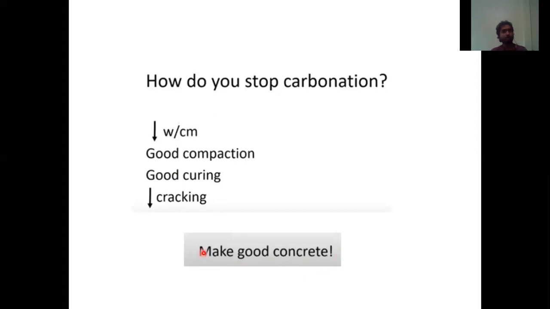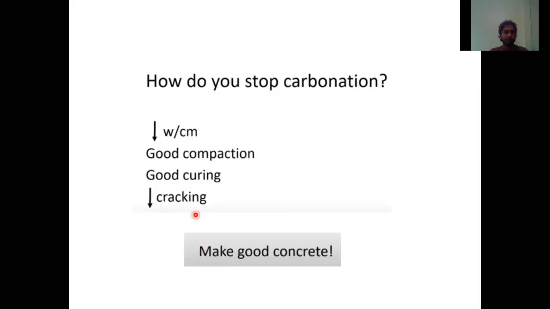So ultimately, how to stop this carbonation? Just make good quality concrete. Okay, so this is how you have to stop this carbonation process. Okay, hope you understand this whole carbonation process.